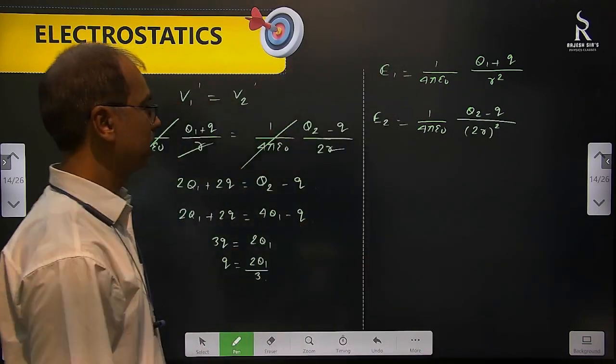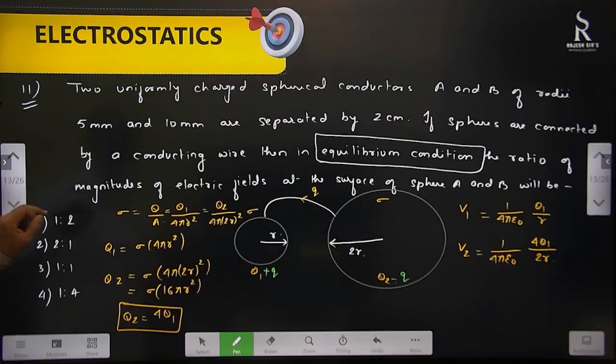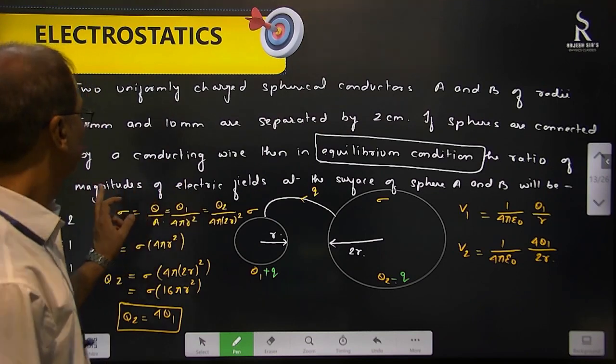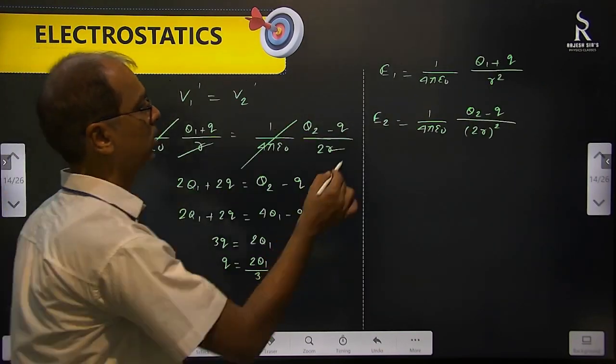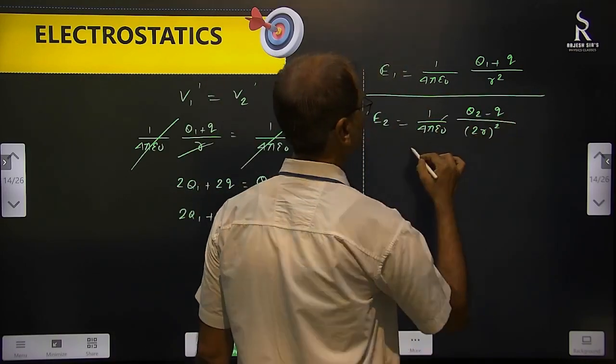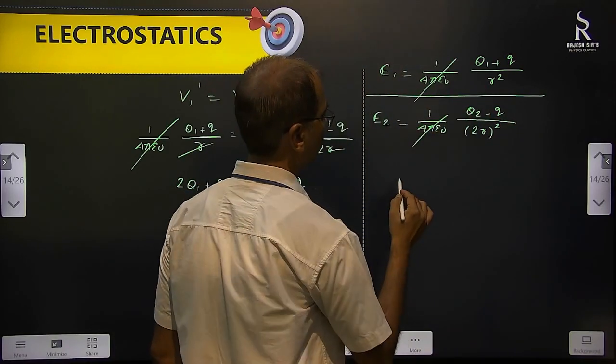What is the question asking? Is there a ratio or something else? No. He is asking, yes, the ratio only. Okay, fine. Then it's easy now for us. Ratio means like this only, no? This cancelled. What do we have now?